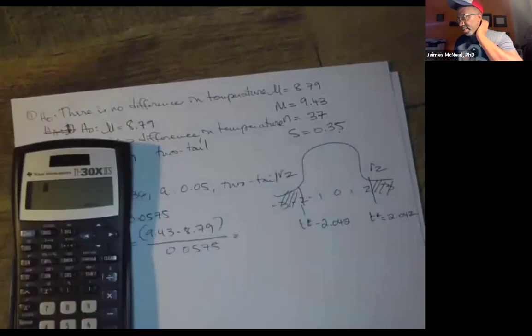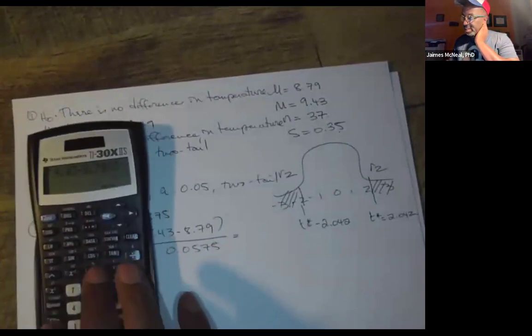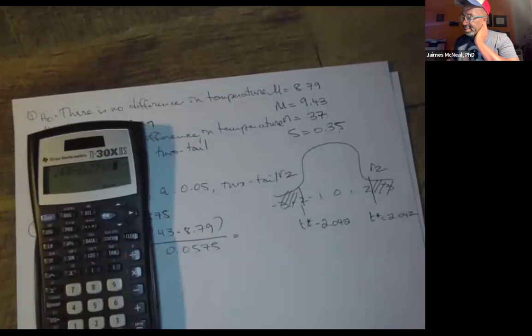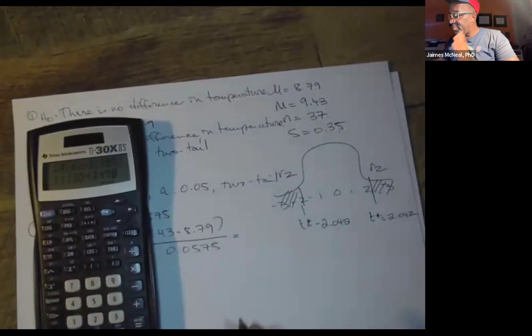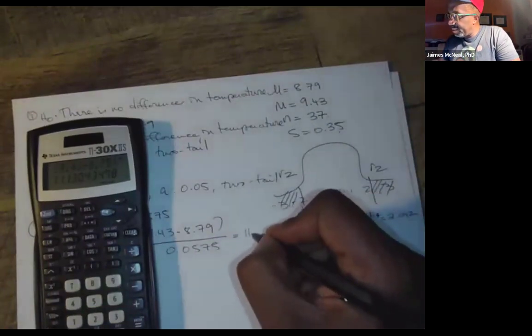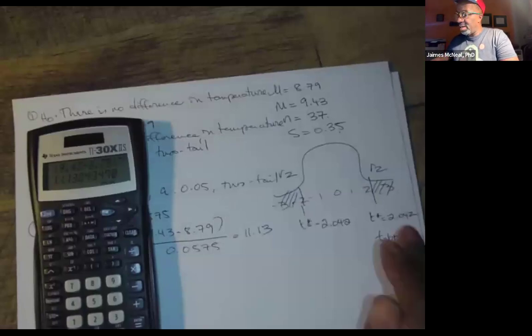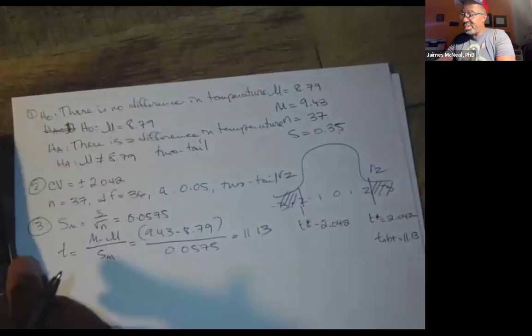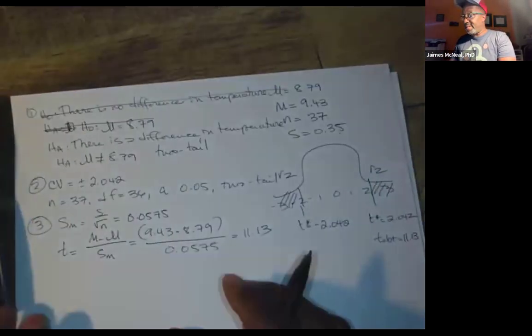So left parenthesis 9.43 minus 8.79, right parenthesis, divided by 0.0575. We got 11.13, way out in the rejection zone, way off the page, right? So we're going to reject the null hypothesis that the temperature is 8.79.